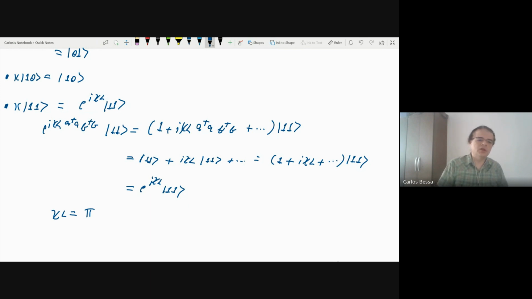So when this is equal to pi, we have that K 1, 1 is equal to exponential of i pi, which is just minus 1. So this will be minus 1.